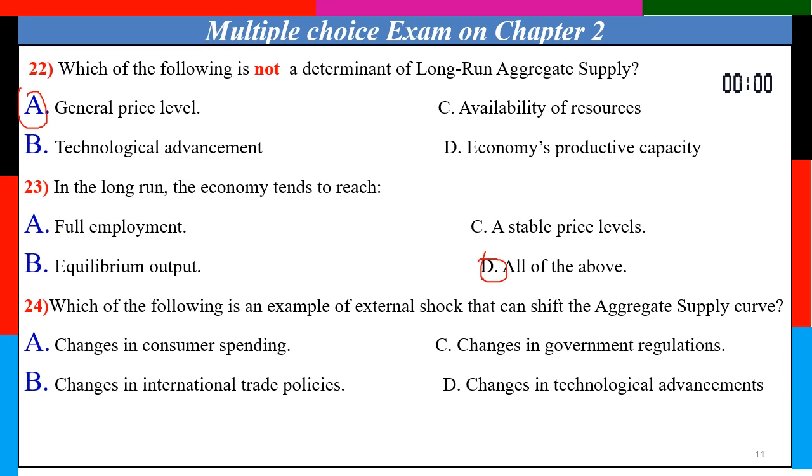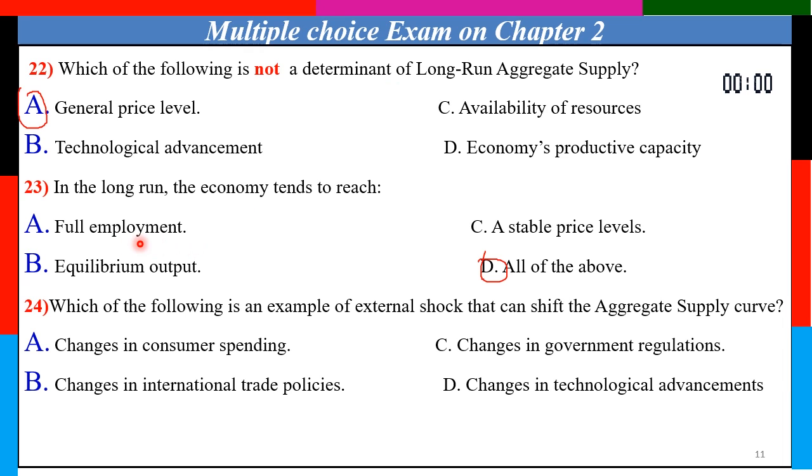This causes the economy to reach equilibrium at full employment. Again, equilibrium output, and the price is also stable. At the vertical line of aggregate supply, there is full employment.